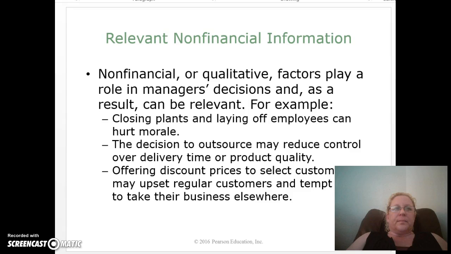The decision to buy or subcontract a product or service rather than produce it in-house can reduce control over delivery time or product quality. Offering discounted prices to select customers can upset regular customers and tempt them to take their business elsewhere. Managers have to always consider the potential quantitative and qualitative effects of their decisions. Managers who ignore qualitative factors can make serious mistakes.